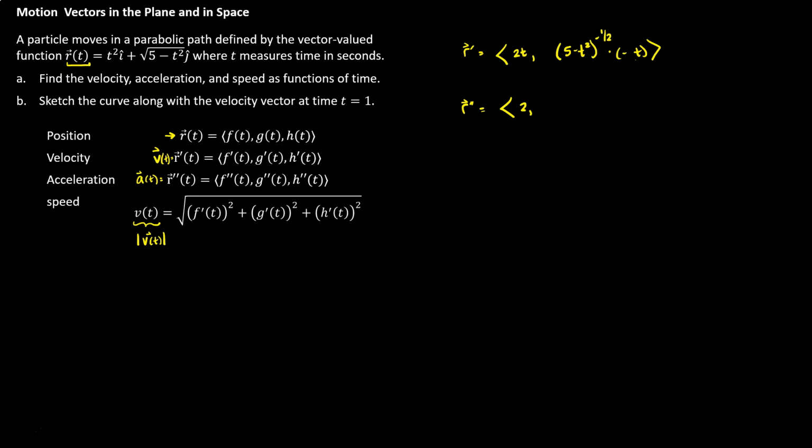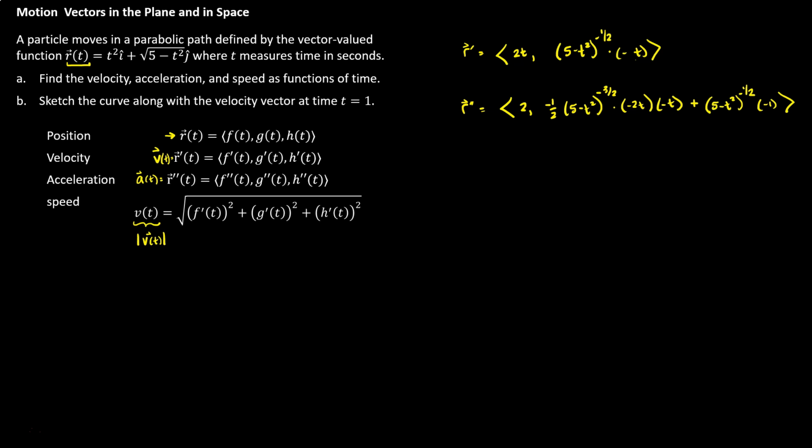So we could use a product rule here if we'd like, which is what I'm going to do. And then I need to multiply that by negative t.